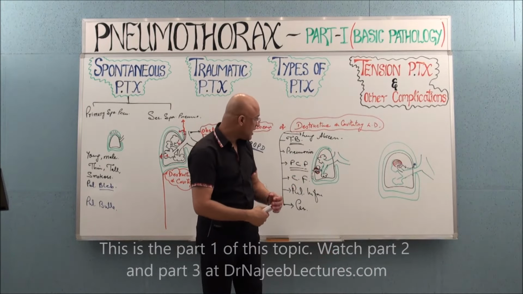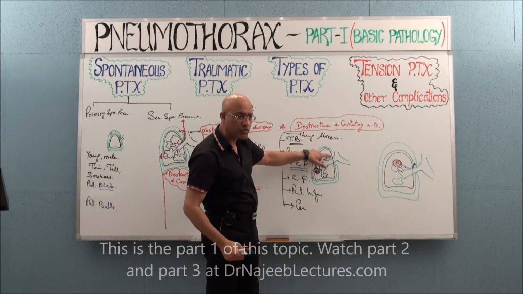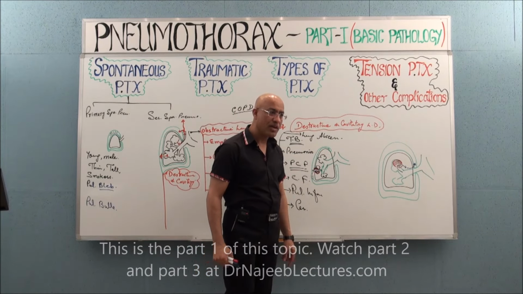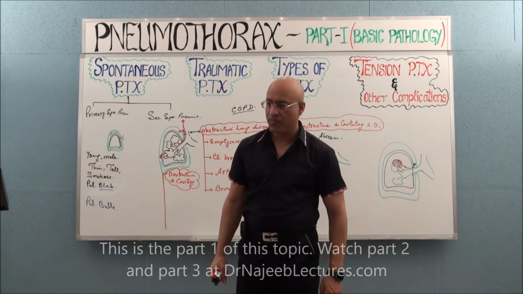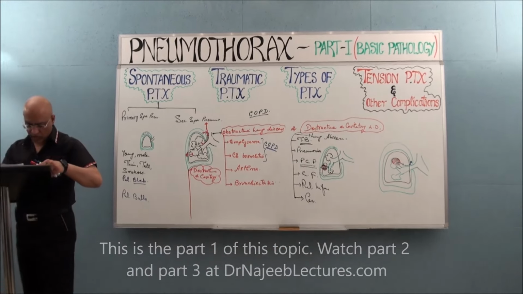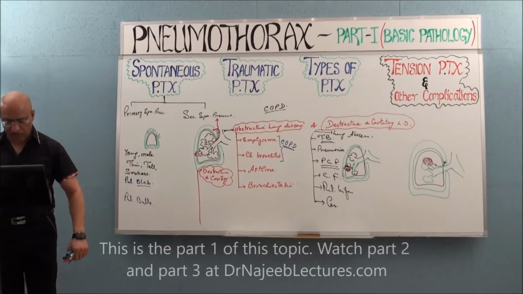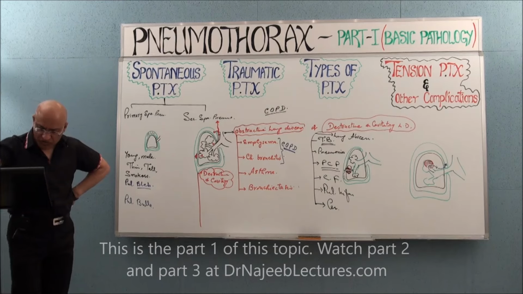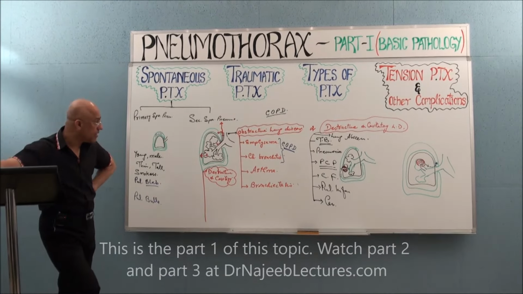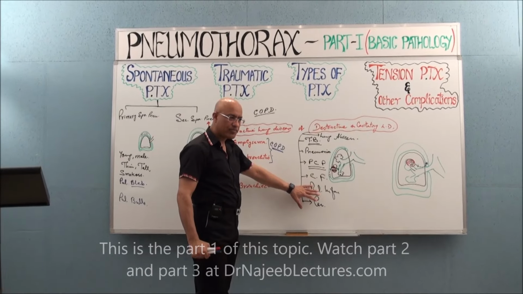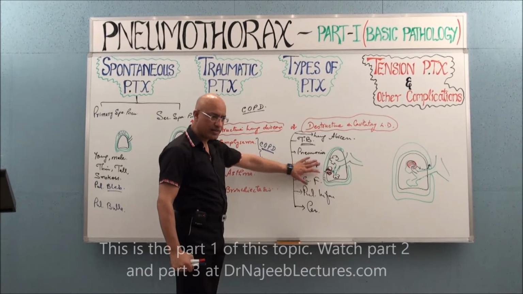Even though it is a centrally located lesion, this cavitary lesion may connect the pleura and airways and may lead to secondary pneumothorax. So what we have talked about, TB and suppurative pneumonia, pneumocystis pneumonia, lung abscess, cystic fibrosis, carcinoma, infarctions, right? All these can lead to secondary spontaneous pneumothorax.